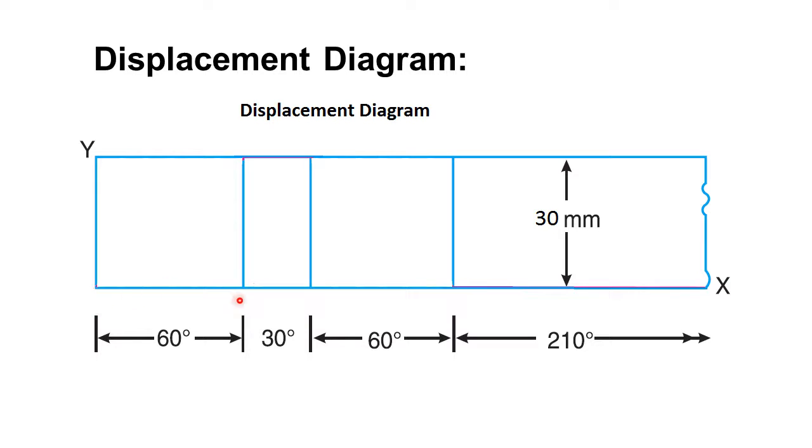Now along x-axis you have to make these divisions. This first 60 degree you can either take 6 centimeters or 3 centimeter, or you can take 12 centimeter, or any distance you can take. But if you take this as 6 centimeters, then this will be 3 centimeter, this will be again 6 centimeter, this will be some more.